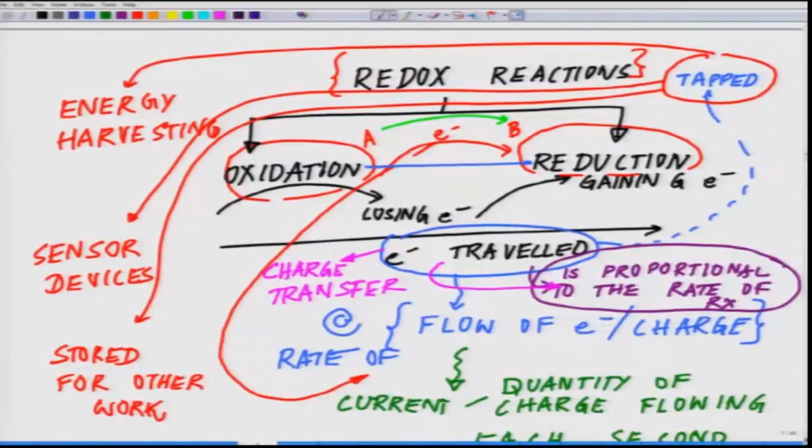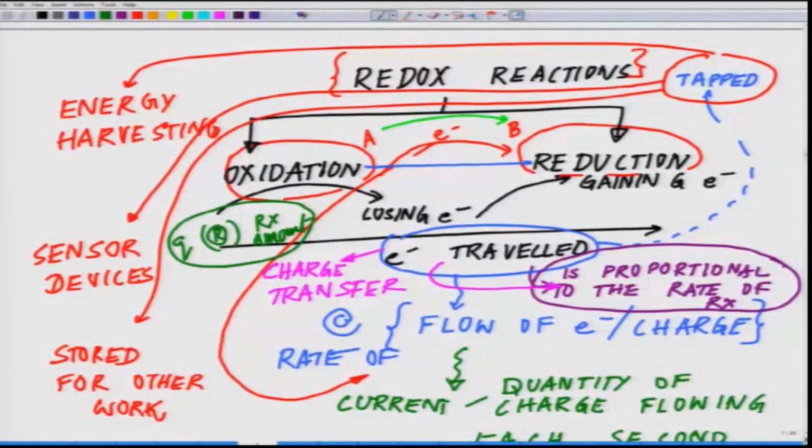Now, if you look at this, essentially what you are doing, this is where the concepts come, you are relating charge and its relation some way or other, some form of relation with the amount of reaction, how much reaction has taken place, because depending on how much charge has traveled proportionally.